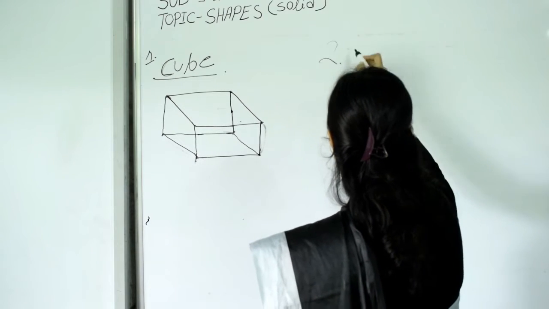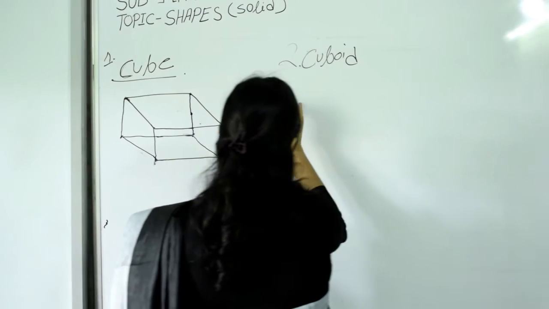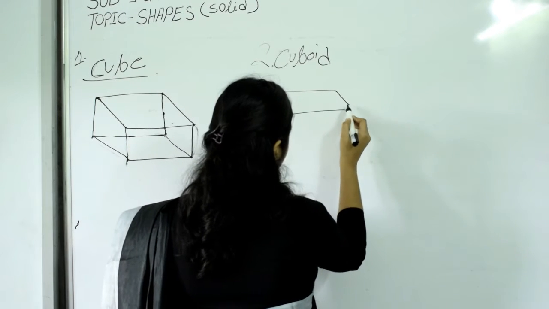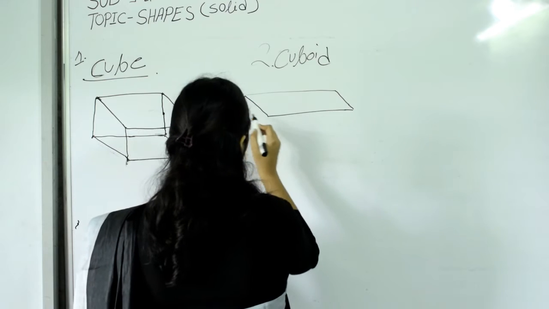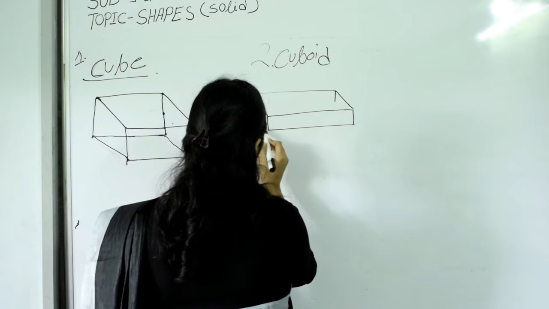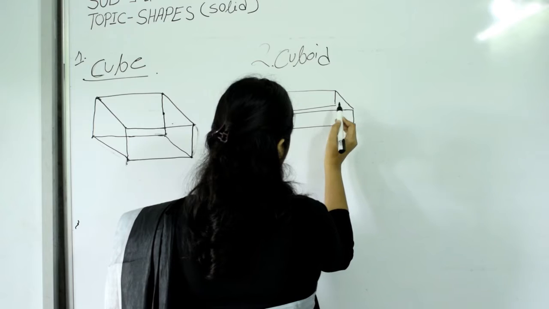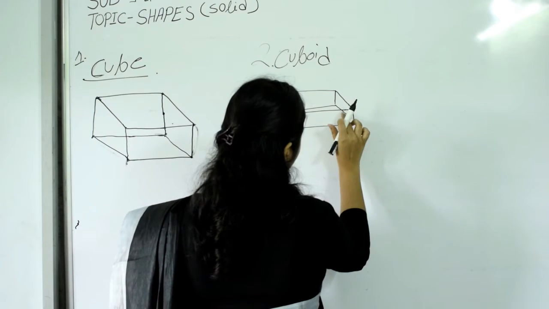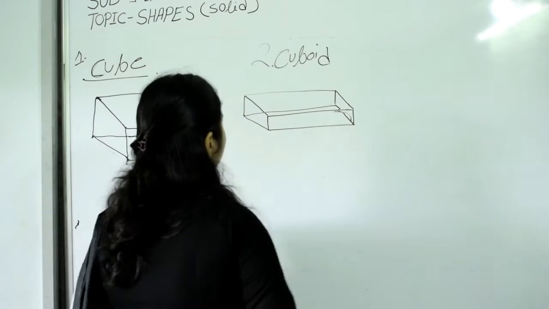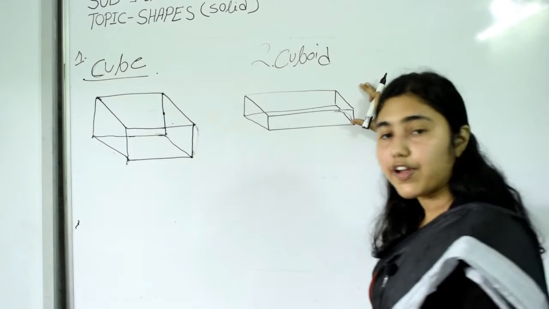Next one is cuboid. Now cuboid is made up of 6 rectangular faces.